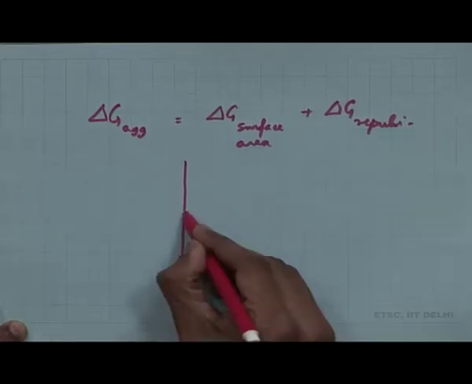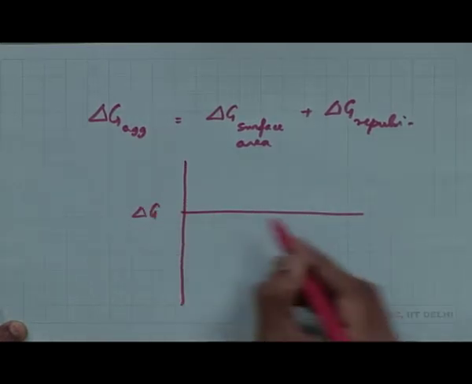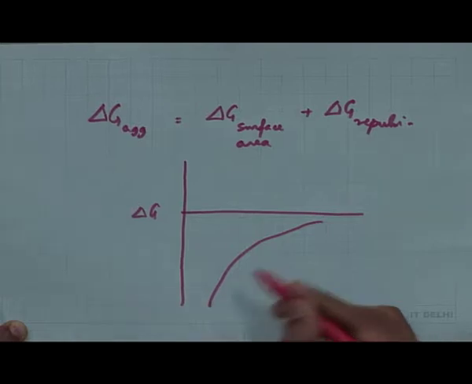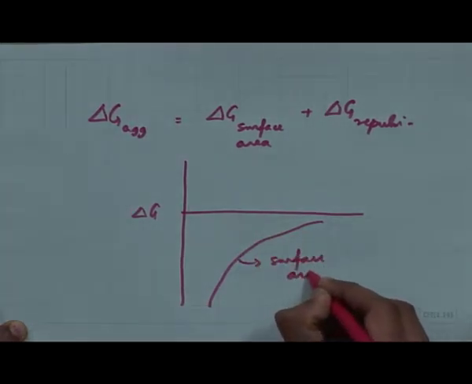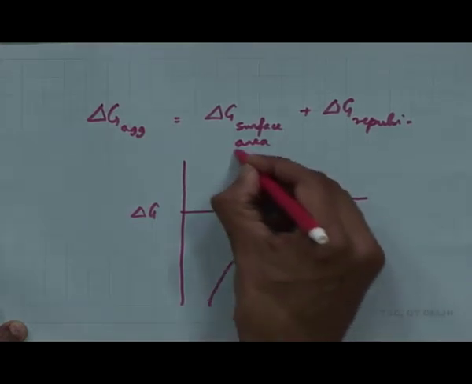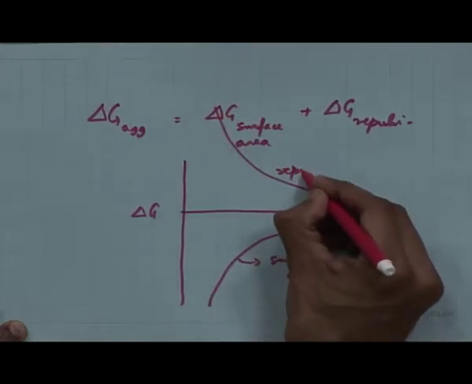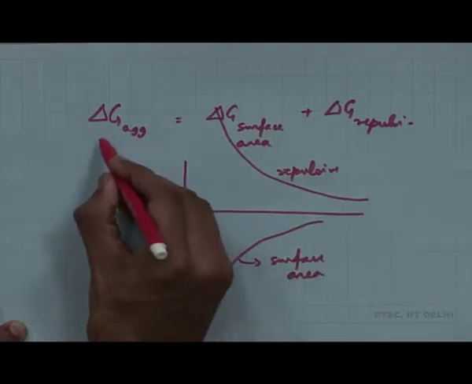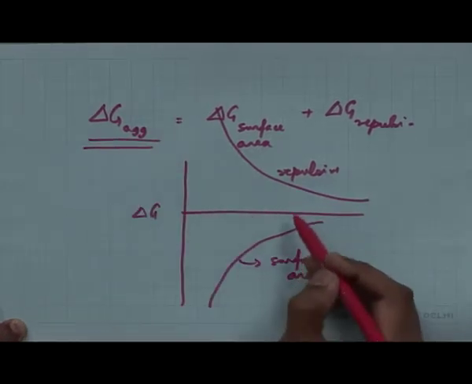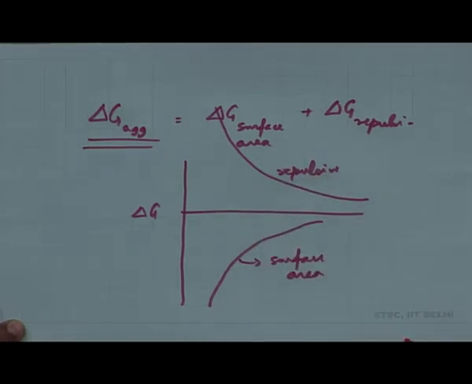One is this attractive force from the surface area contribution, and then we have a repulsion which goes like this. The aggregation Gibbs energy is given by the sum of these two quantities.